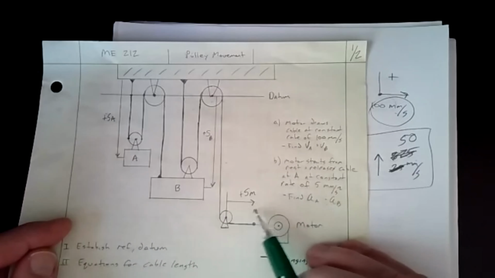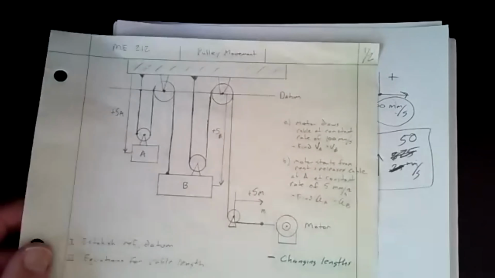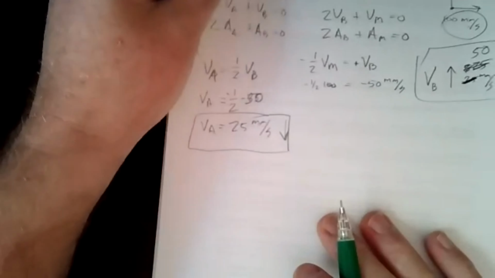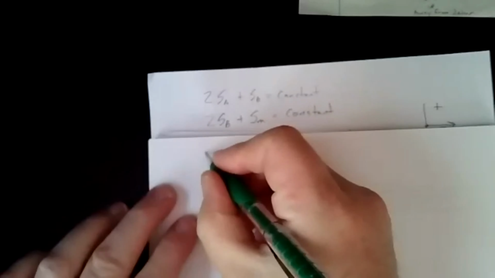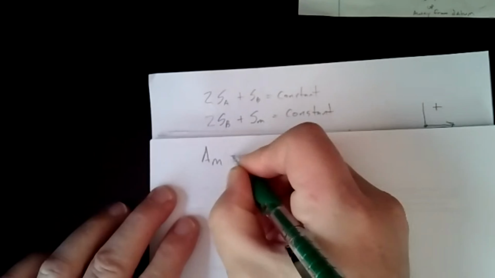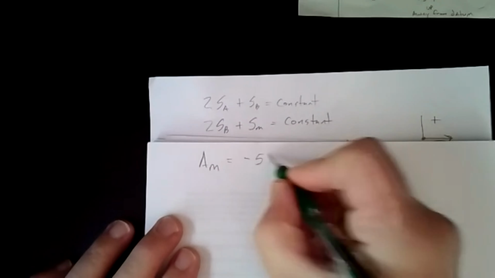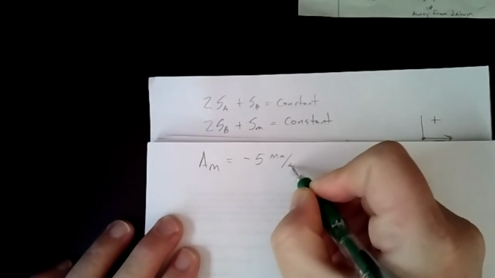We're defining this as positive. So we know the acceleration at M is equal to negative 5 millimeters per second squared.